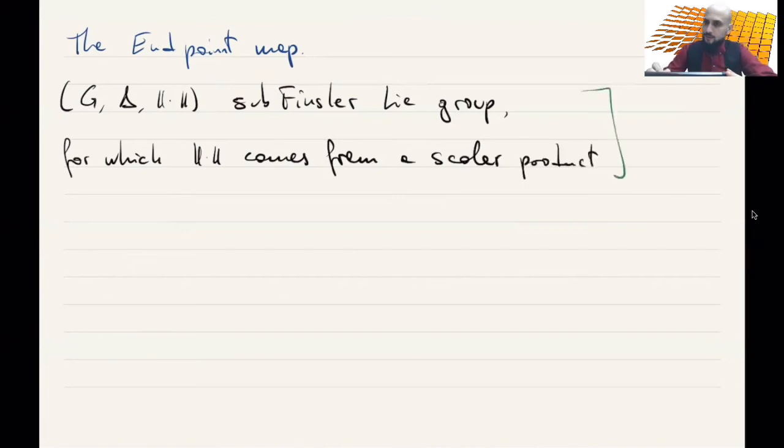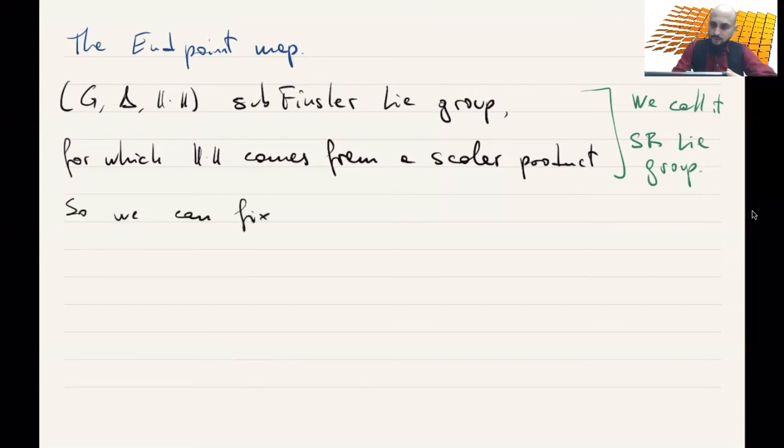So then this object we will call a subRiemannian Lie group. Okay, so we have the scalar product, so we can fix an orthonormal frame x1, ..., xm for delta.